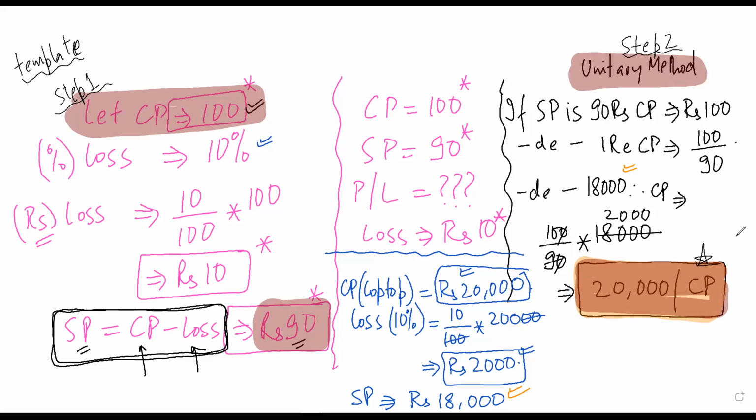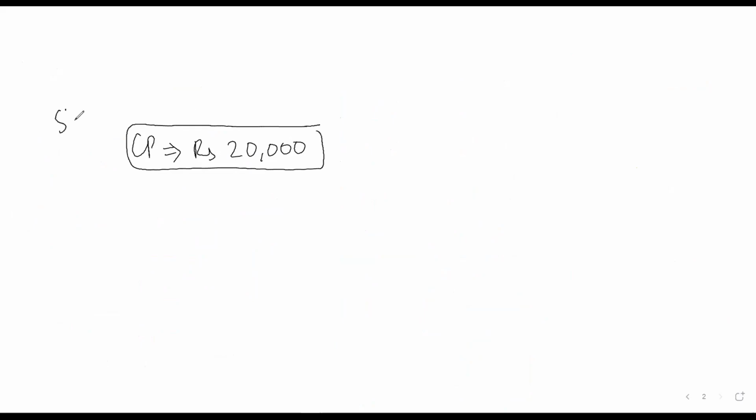Are we okay till here? Yes, sir. Now, once you have found the cost price is 20,000, this is step number 3 of the template. What is done in step number 3? Whatever is written in the second line.